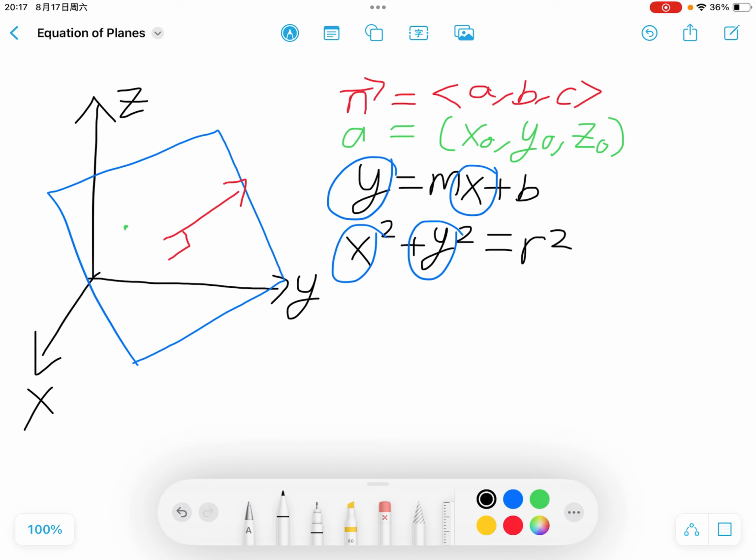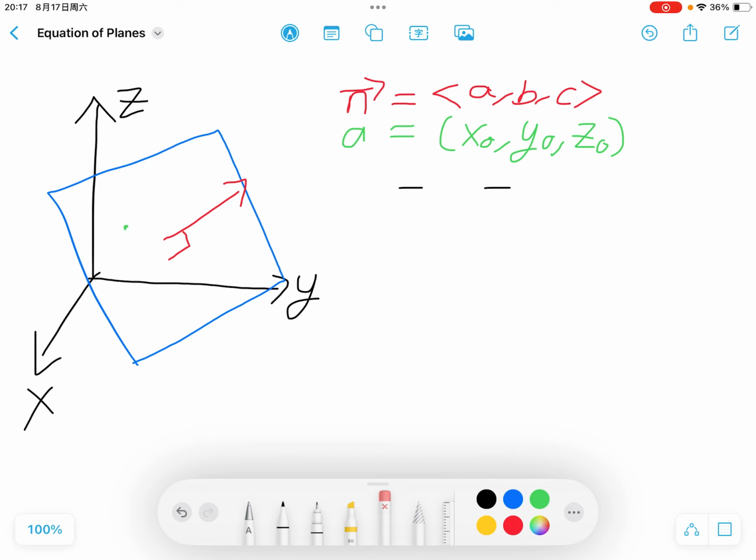Then, in 3D, we have the same thing, right? So essentially, in 3D equations, we have x, y, z. So our equation should also include something x, something y, something z, equals whatever's on the right. So our equation needs to include these three variables, x, y, and z.